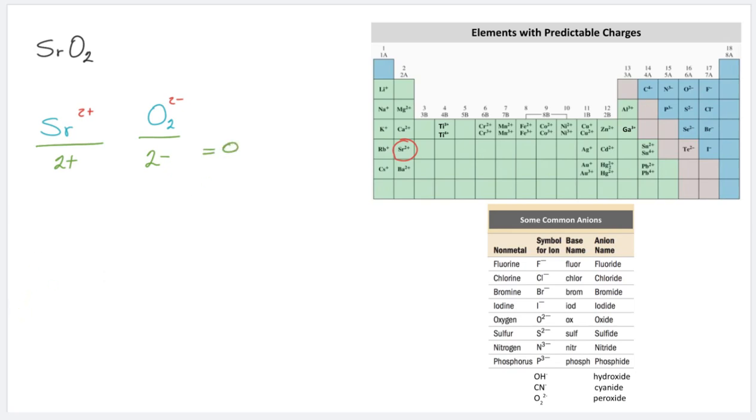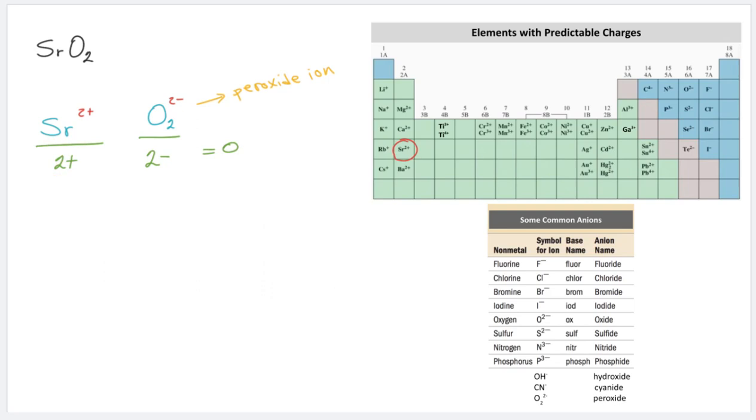So that means that this is actually coming from a peroxide ion. Here we have no other option, because Sr always is going to be +2.